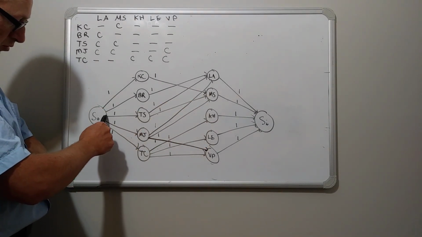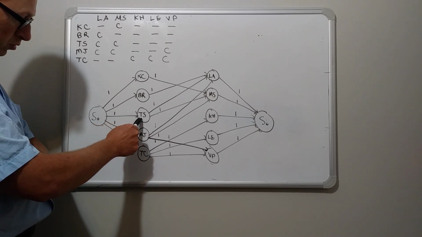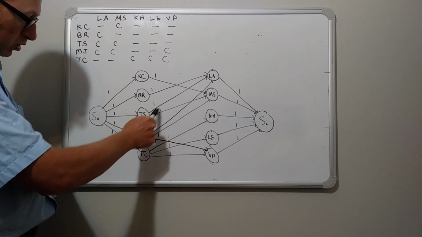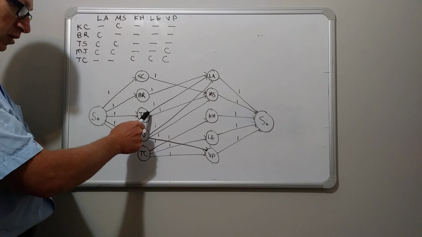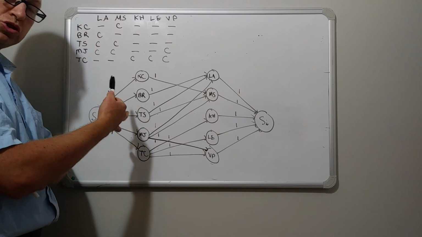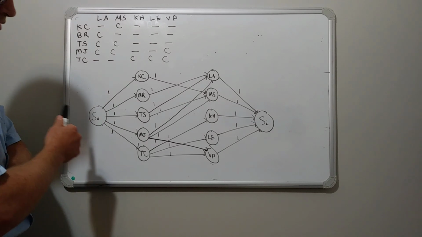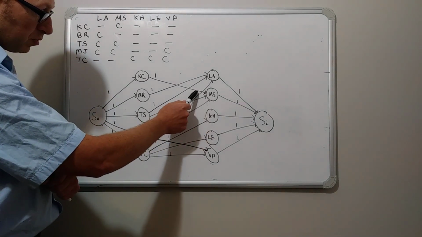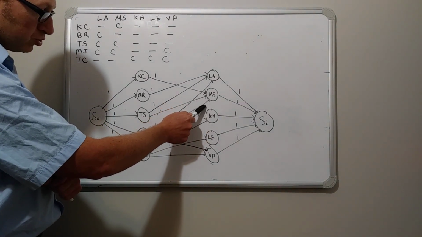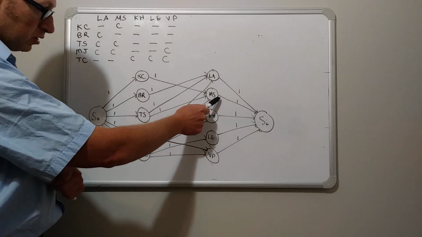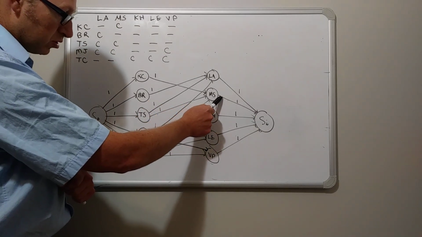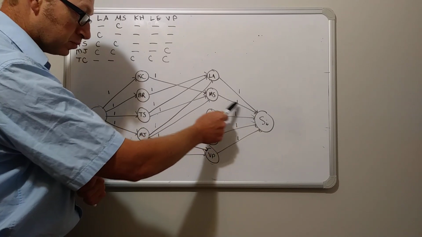That unit's going to either flow this way or this way, and that means it's choosing only 1 partner over here. And on the other hand, could MS accept 3 partners? The answer is no, because it only has a capacity to continue on with 1.